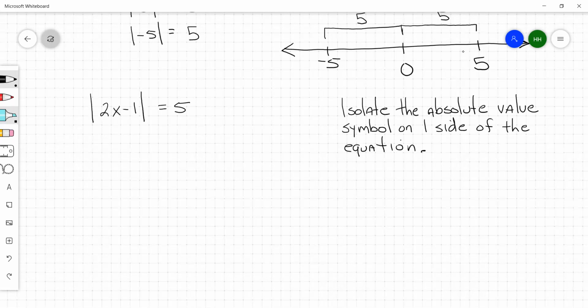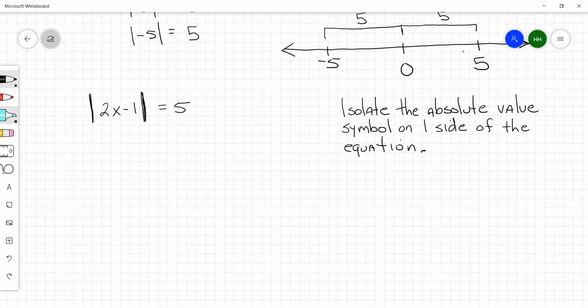In this case, that's already done. Here's the absolute value symbol; it and what is inside it are isolated on one side of the equation.